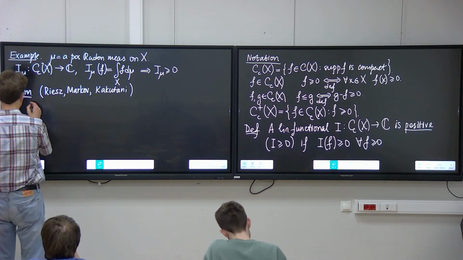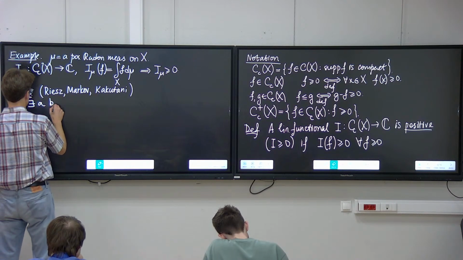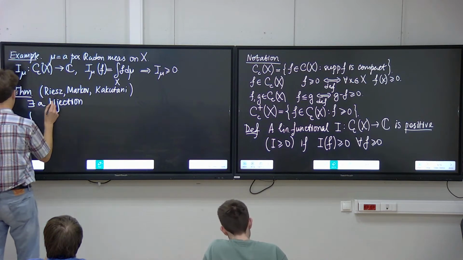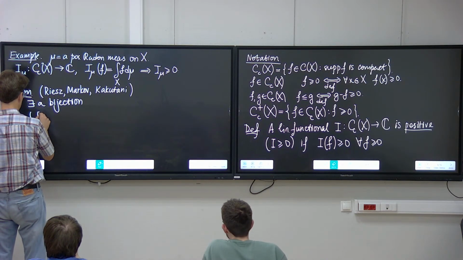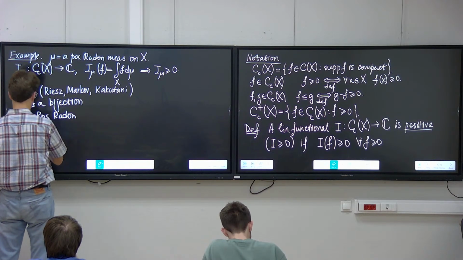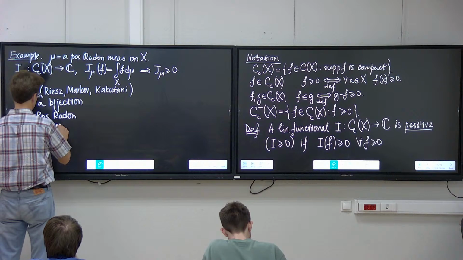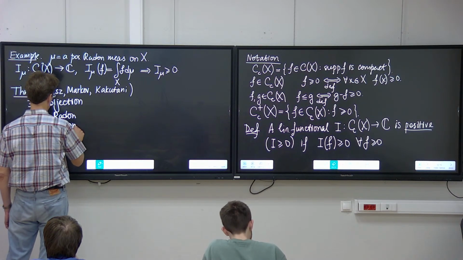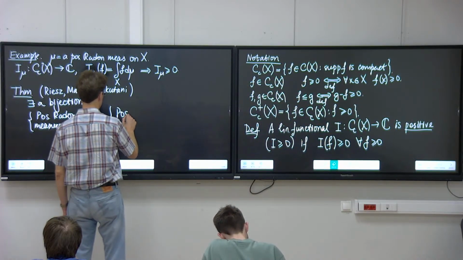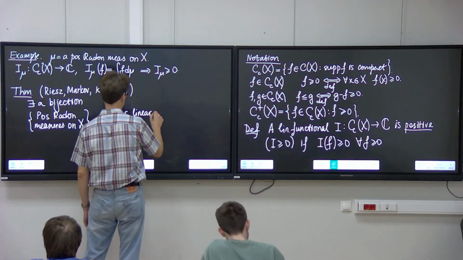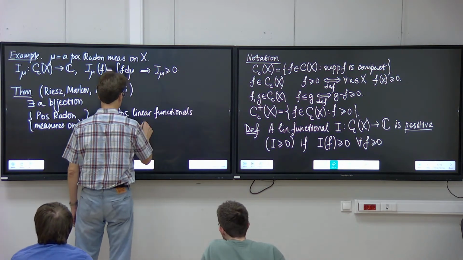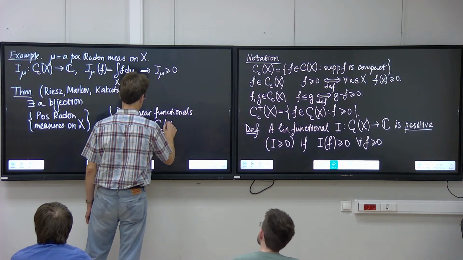It states that we have a bijection between the set of all positive Radon measures on X and the set of all positive linear functionals on the space of continuous compactly supported functions.